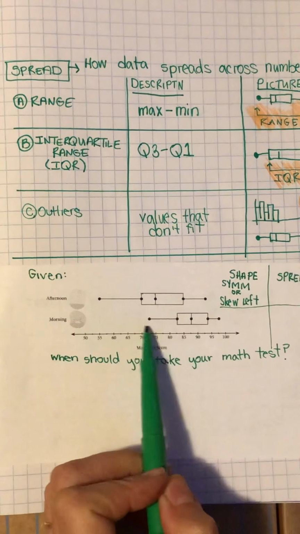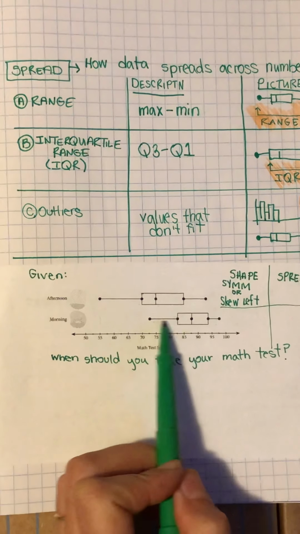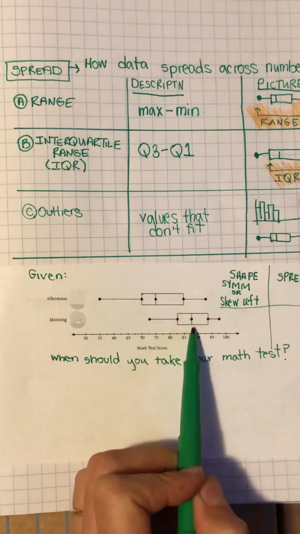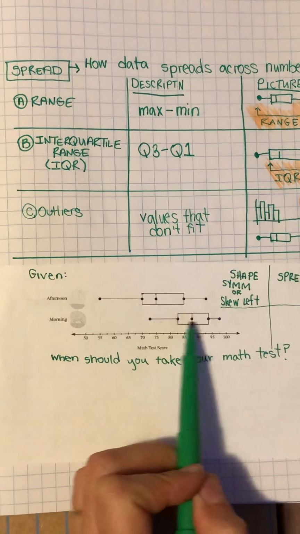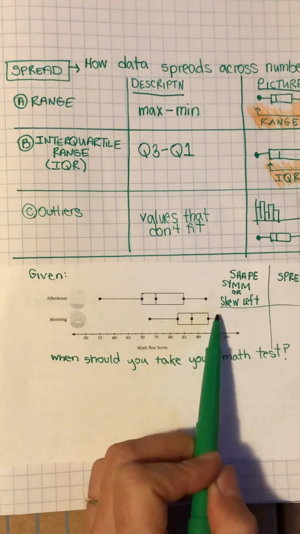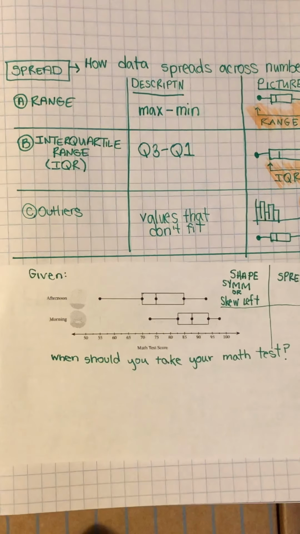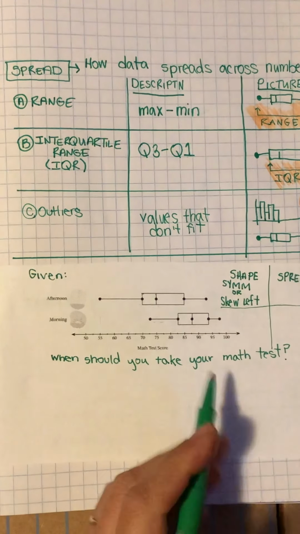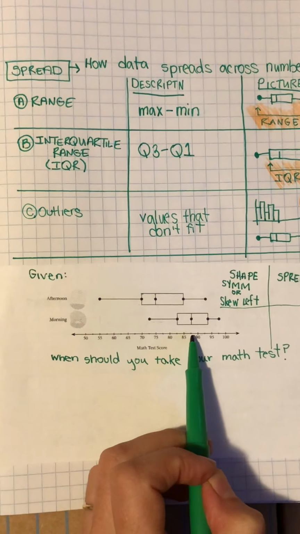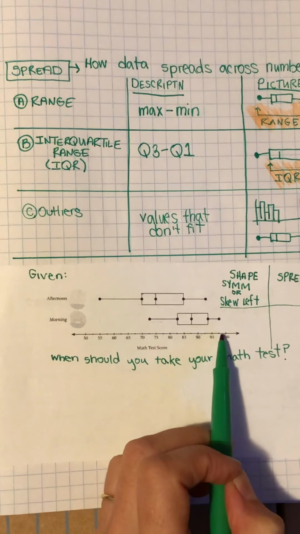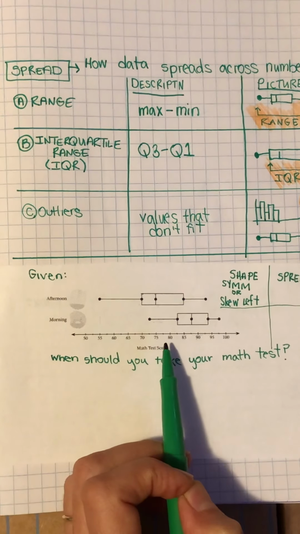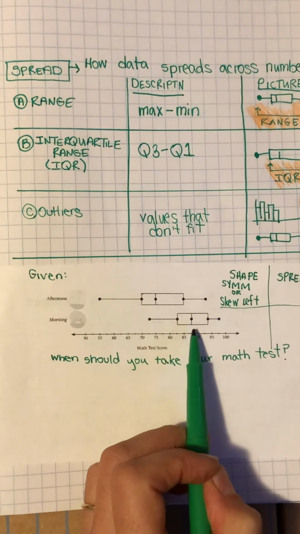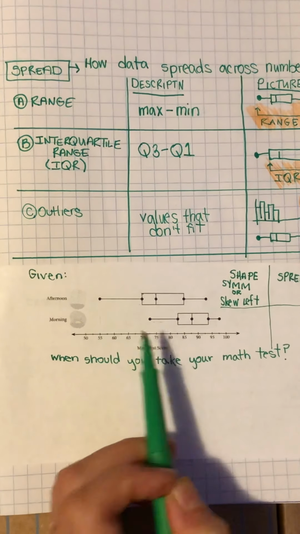This one to me looks pretty symmetrical. This is a little bit bigger, but when you think about where these are in relationship to both of them, I like to think that this is symmetrical too. So this is about maybe 87 to 97, so 10 points, and 87 to about 70.